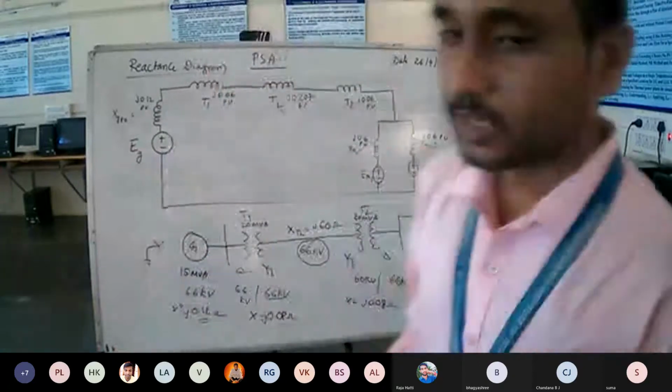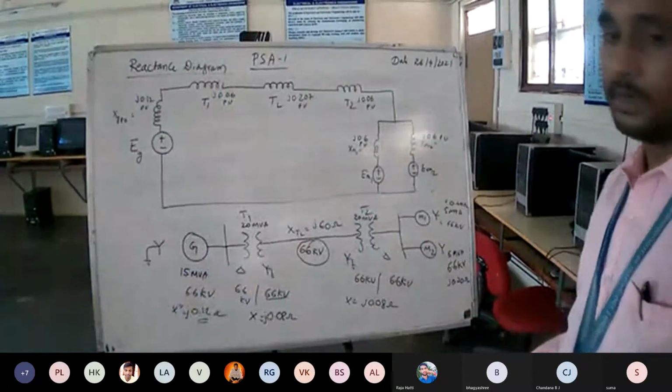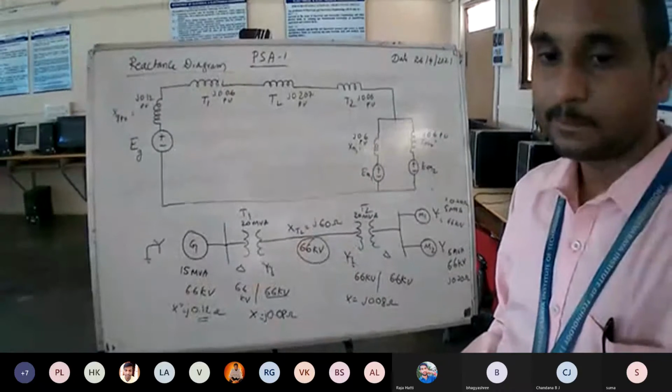All are represented with j only. Is it clear?